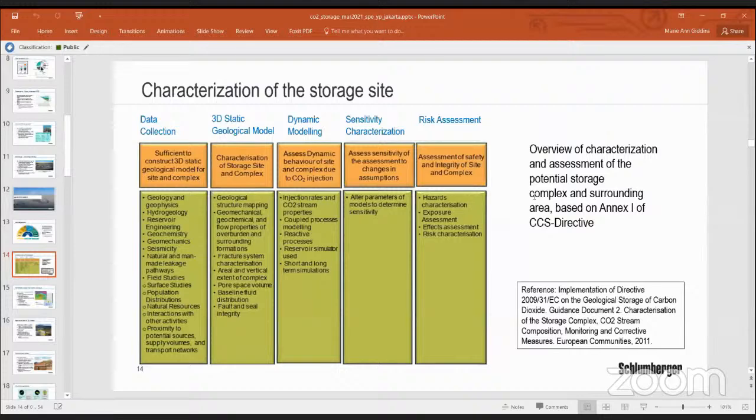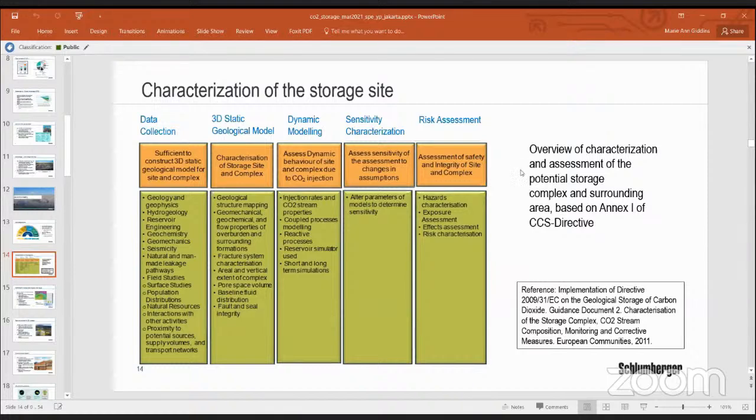So essentially what they're requiring for anyone who is going to store CO2 in Europe is that they perform studies which include data collection, characterisation of the storage site and the complex in a 3D geological model, dynamic modelling to understand how the CO2 injection will perform, sensitivity studies to check whether any of the assumptions about the storage capabilities may be a problem, and then also risk assessment to look at the safety and the integrity of the site and see whether there are any risks of leakage or whether it's possible to keep the site safe over a long period of time.